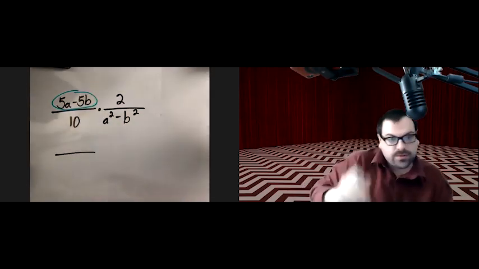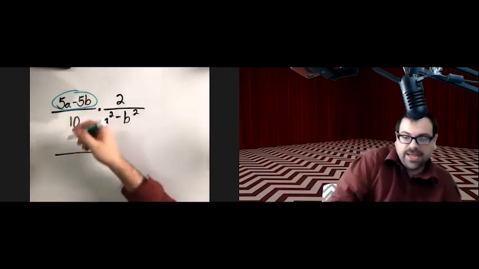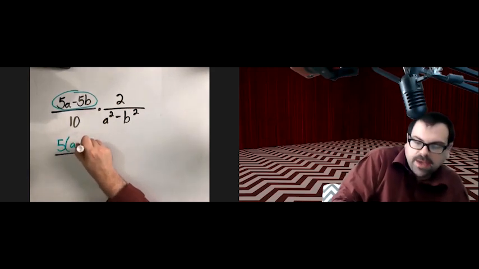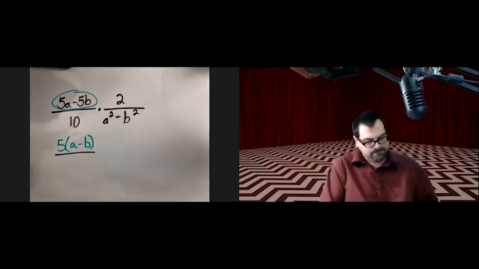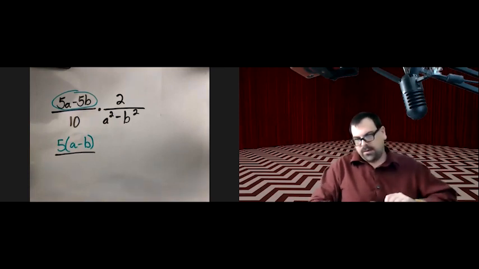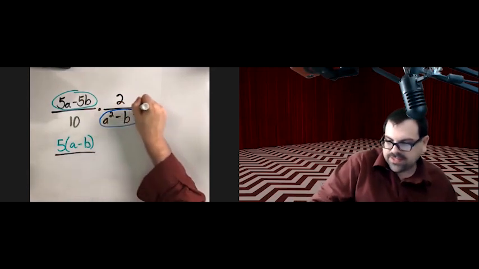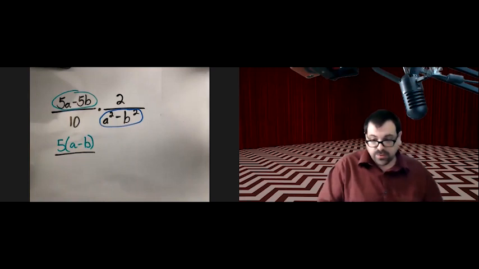Always do that first or our methods do not work. Always factor out a common factor if we have it. We can factor out a 5 and we're left with a minus b. We can factor this. A squared minus b squared, that is a difference of 2 squares.